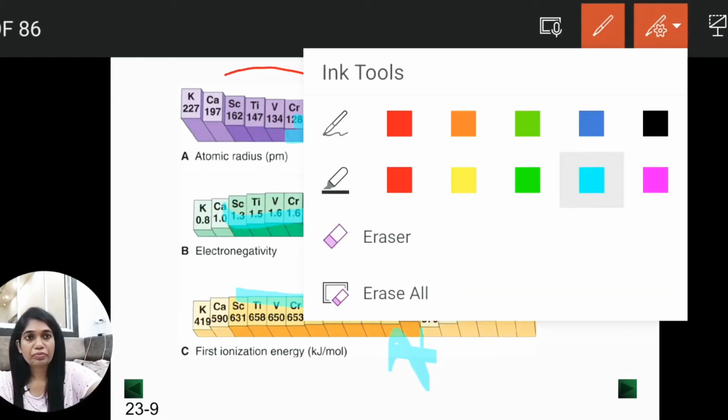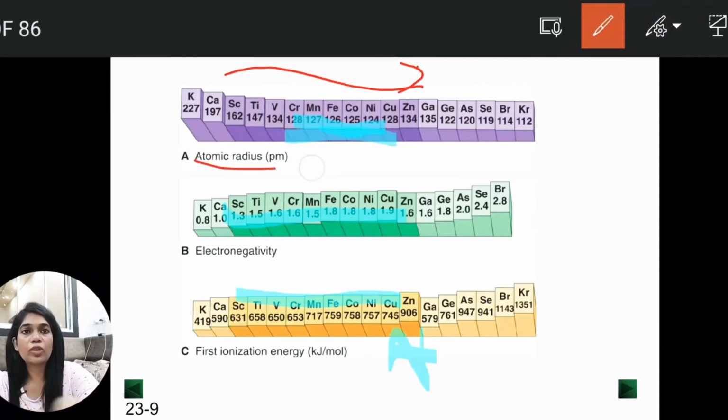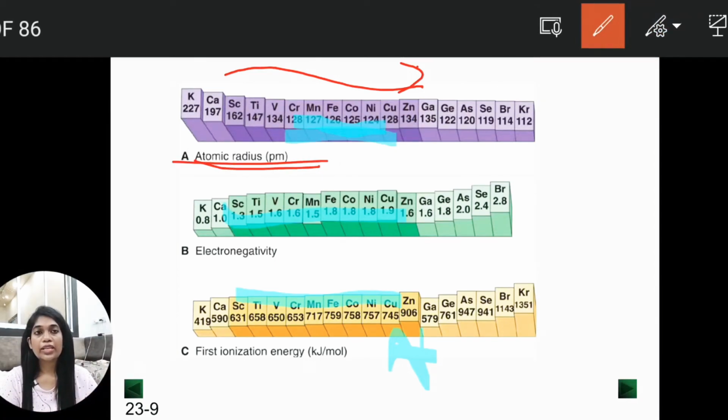Now, in the case of atomic radius, from scandium to zinc the atomic radius is gradually decreasing, but from chromium to copper there is not much difference.